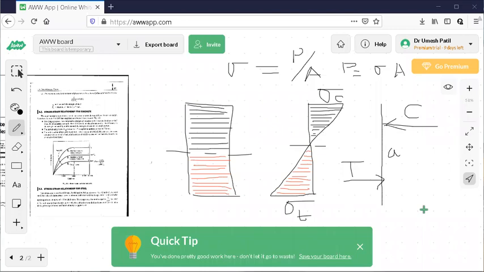A wooden beam of the same dimensions as an RCC beam will have less moment of resistance. A steel beam which has the same dimensions as a concrete beam will have more moment of resistance, because it is a material property. It goes with the strength of the material.